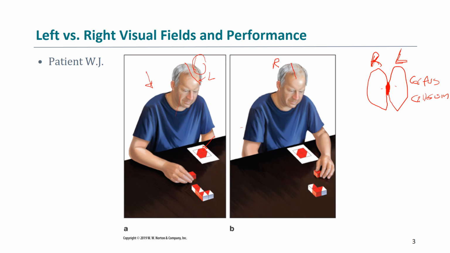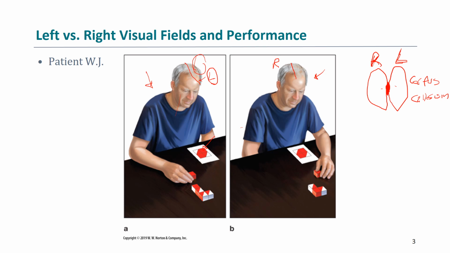So this is right hand, left hemisphere. He is unable to duplicate the pattern. He finds it really difficult to duplicate the pattern. That means the left side is not able to do this function. But in B, with his left hand, or the right hemisphere, he is able to perform the task correctly.